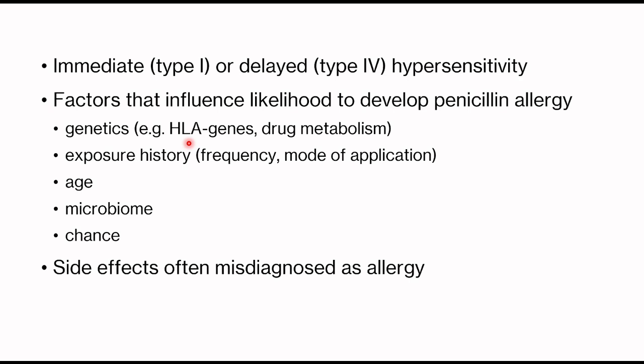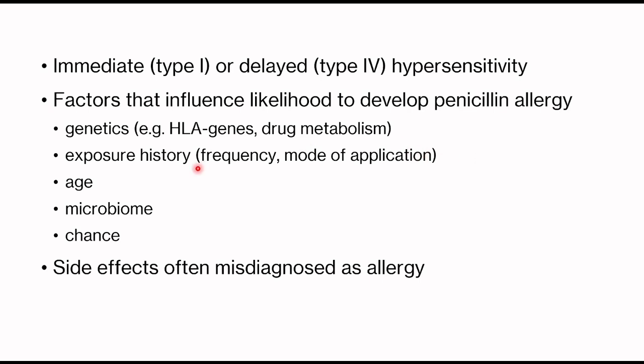There are groups of HLAs, certain people have HLA from one group, other people from the other group, and depending on which HLA you have, you may be more or less likely that this happens. Also, genetics in terms of how drugs are metabolized in your body, because we said sometimes it's not the penicillin itself, but a metabolized derivative, which is the one that's then covalently linked to these proteins.